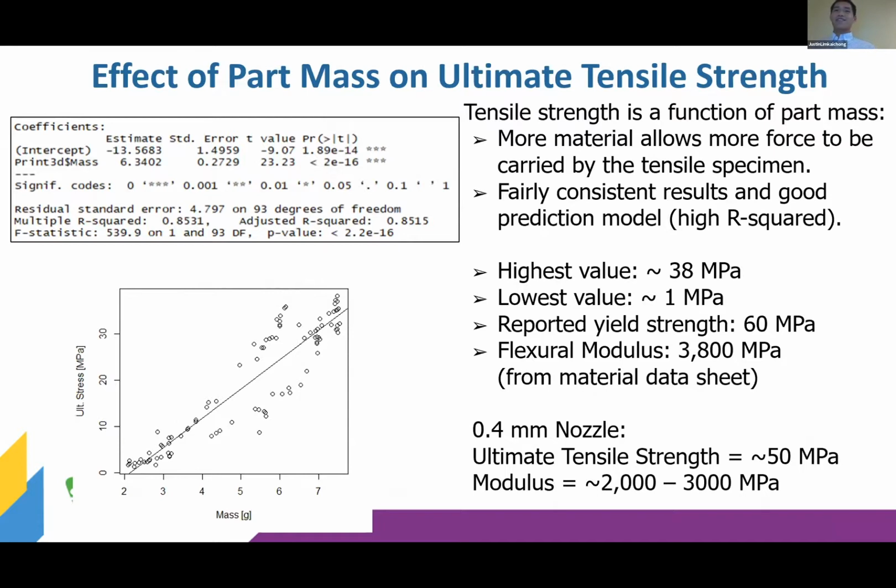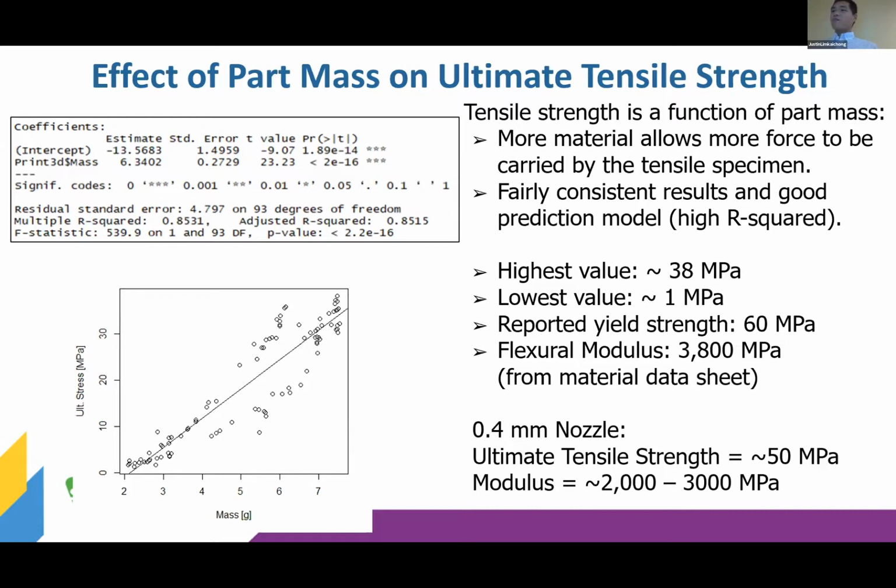So you can see that once you have around 7 grams, you have a tensile strength around 38 megapascals, which was our highest value. Our lowest was at the lightest parts, which were less than 2 to 3 grams, and they incurred a tensile strength of around 1 megapascal.